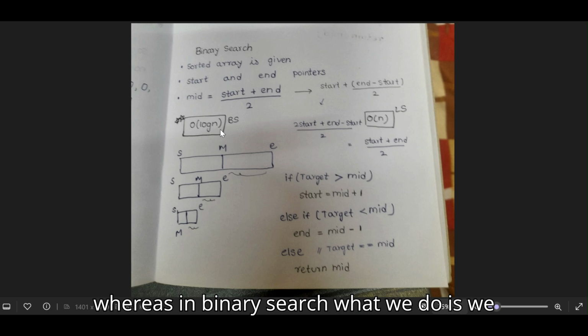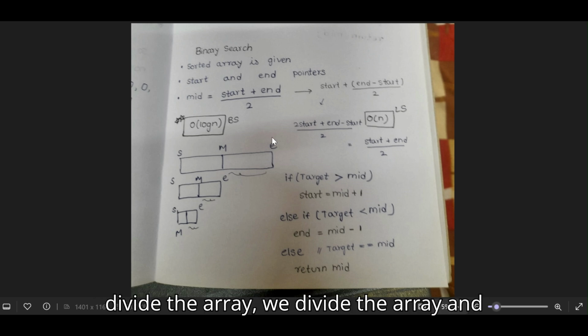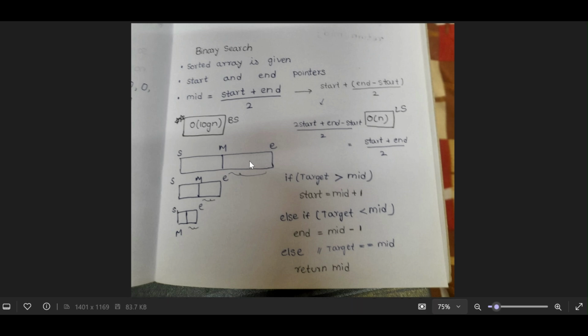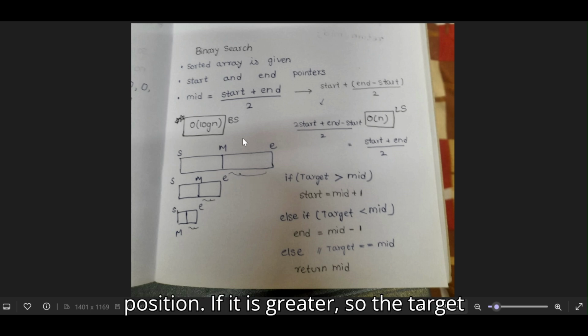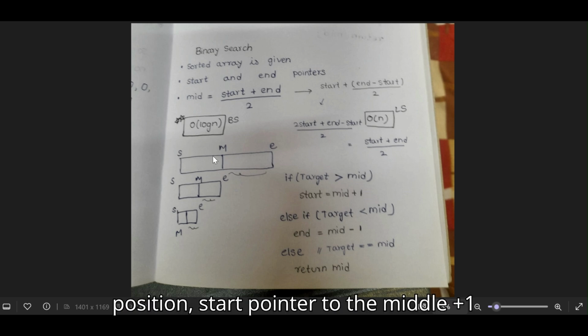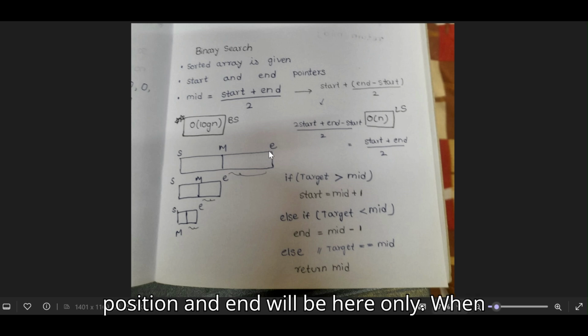Whereas in binary search, what we do is we divide the array and find the mid. If the target is greater than the mid, we move to this position. If it is greater, the target will be present in this part, right? So we move the start pointer to mid plus 1, and end will be here only.